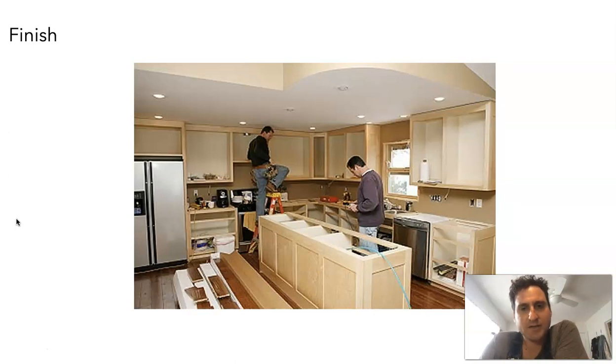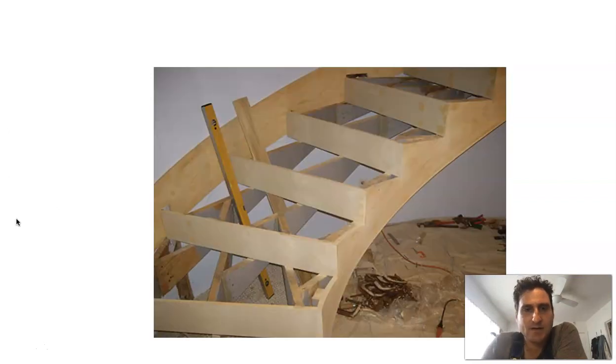For finished carpentry, this is where a carpenter installs and handles all of the pieces of wood that are visible on the inside of a house once it's finished. So in this case, a finished carpenter is actually installing some kitchen details, some cabinets.